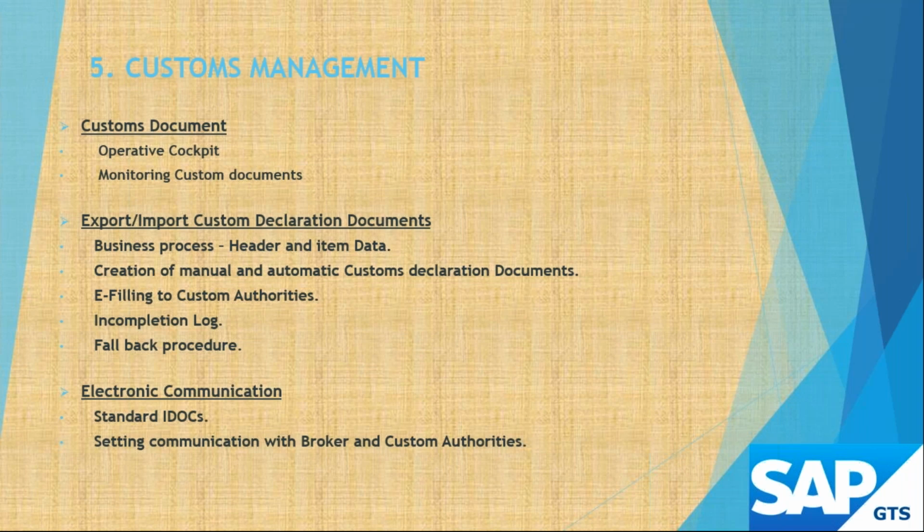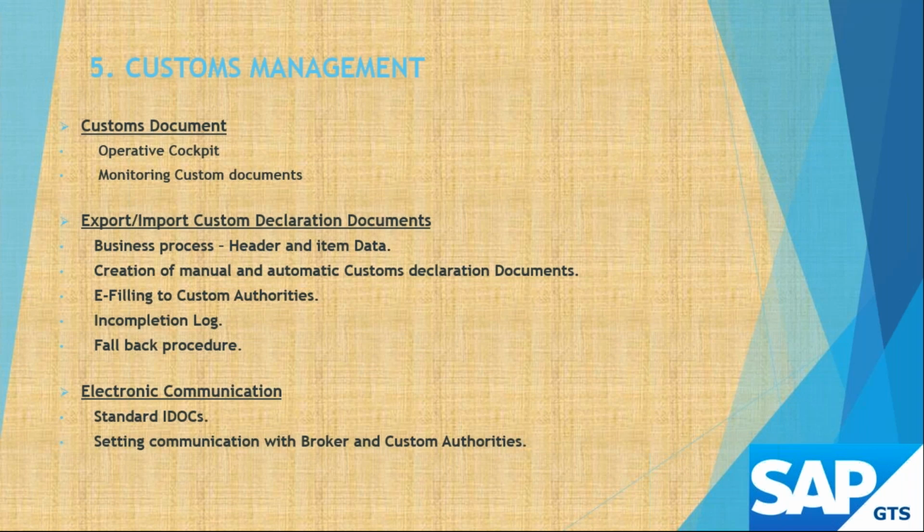They will check those rules from their side, and if they find that it is okay, then it will provide you a legal custom registration number. And when you have that legal custom registration number in SAP, after that you can create an invoice or a billing document or further subsequent documents as well.